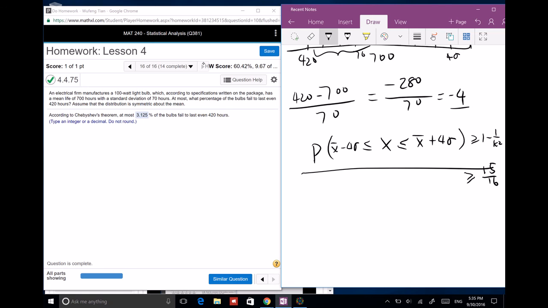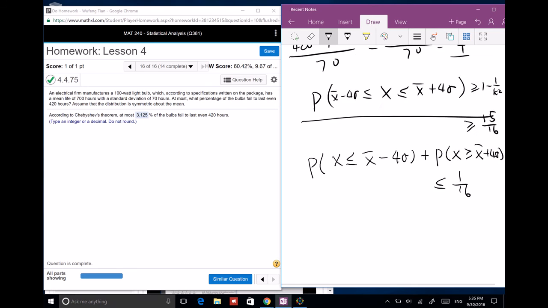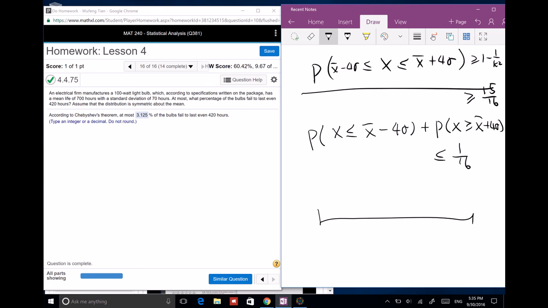Okay, so now what we got is P of x less than or equal to x bar minus 4 sigma plus P of x bigger than or equal to x bar plus 4 sigma, and this will be less than or equal to 1 over 16. Okay, because basically in the middle, this is x bar, this is x bar minus 4 sigma, this is x bar plus 4 sigma.